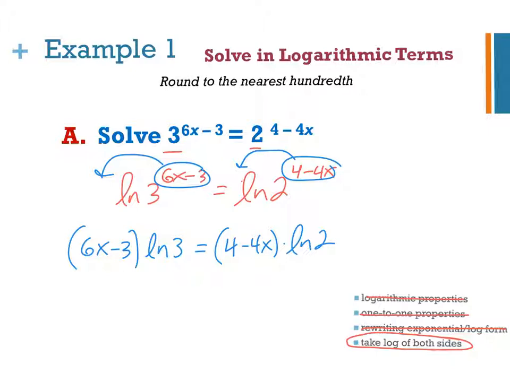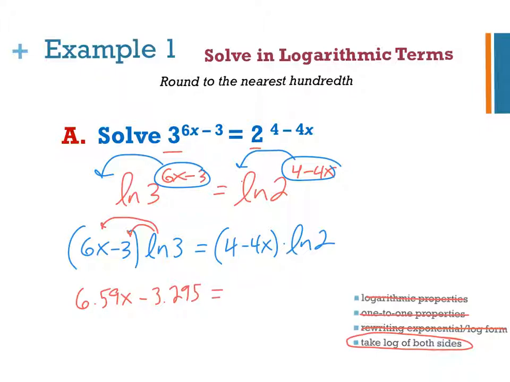In fact, if you're trying to isolate x, the goal is to get it by itself. So if I get rid of these sets of parentheses by distributing the natural log through, I'm going to have natural log of 3 times 6. Rounding to 2 decimal places, it gives me 6.59x, and minus, if I take natural log of 3 times 3, I get 3.295 if I go 3 decimal places.